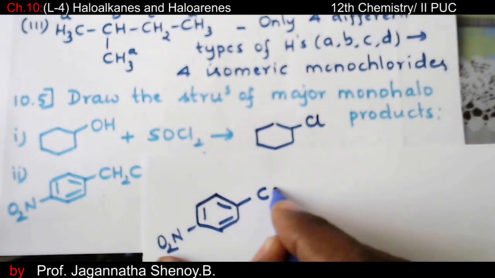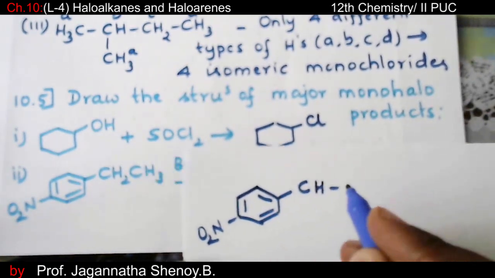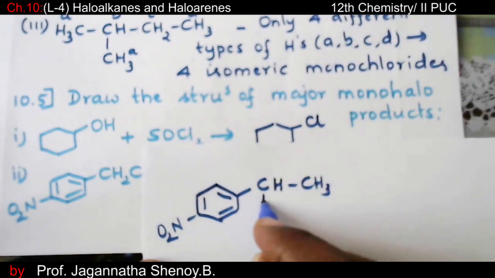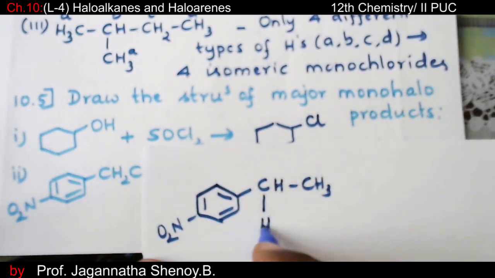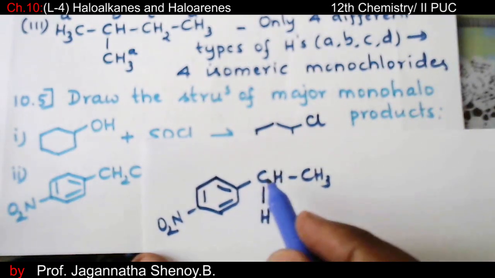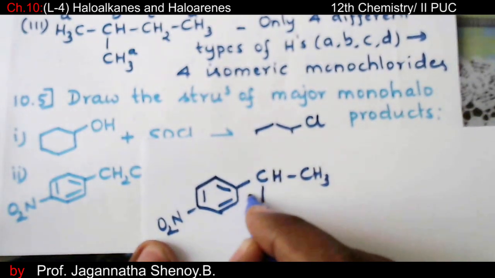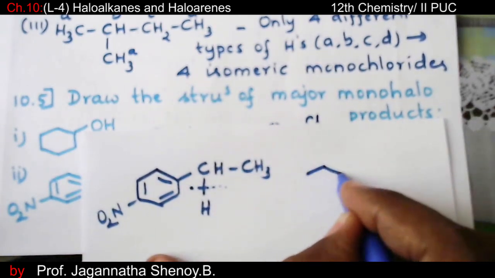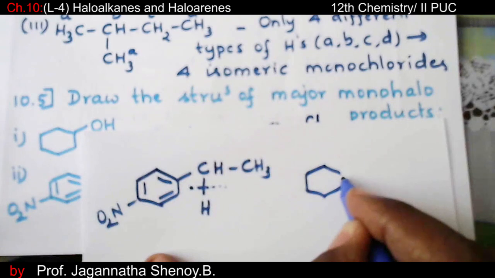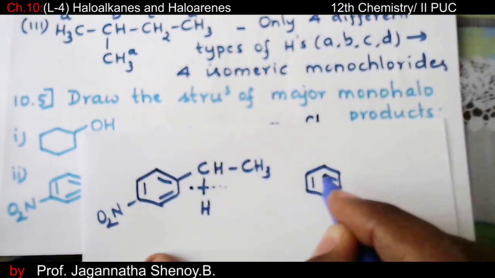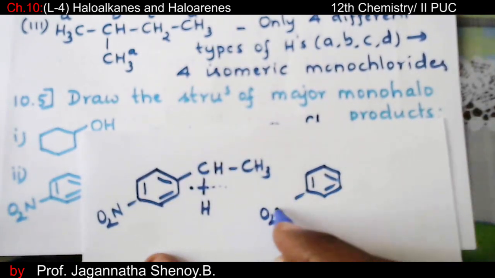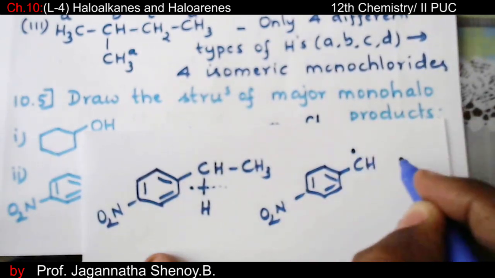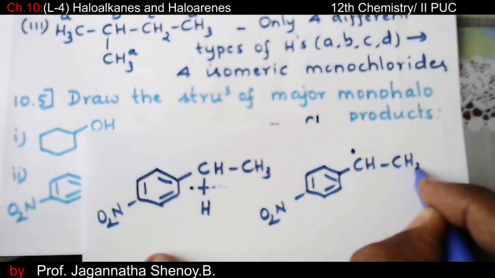That's why you have CH here, and then you have CH3, and this CH2, I'll represent it like this. Now, if this carbon hydrogen bond undergoes homolysis, we get a very stable benzyl free radical. I'll represent it like this. It is a CH, then it is CH3.